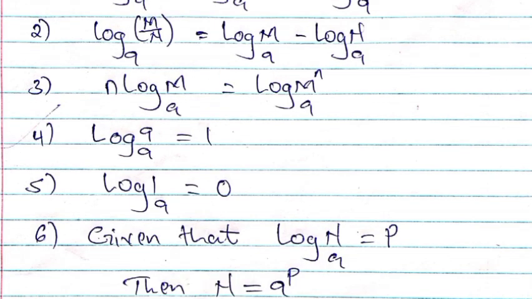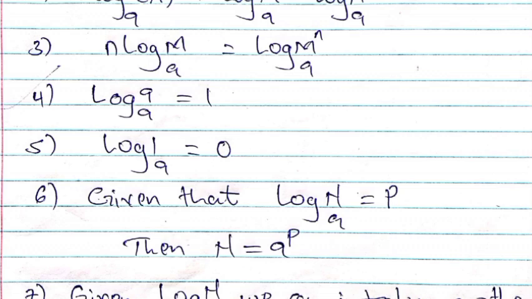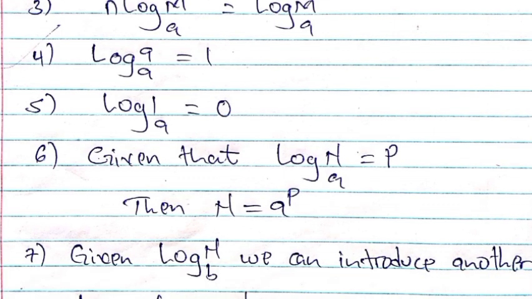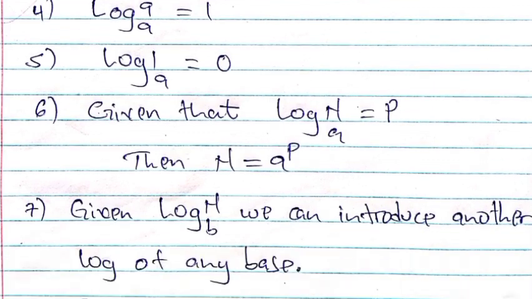If you are having a coefficient, you can make it a power. If you are having a log where the power is the same as the base, it is equivalent to 1. If the power is 1 for any given base, it is going to be 0.